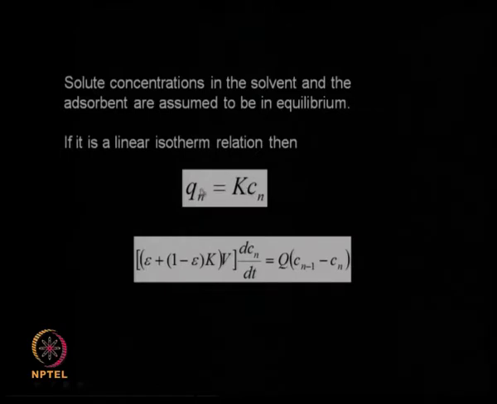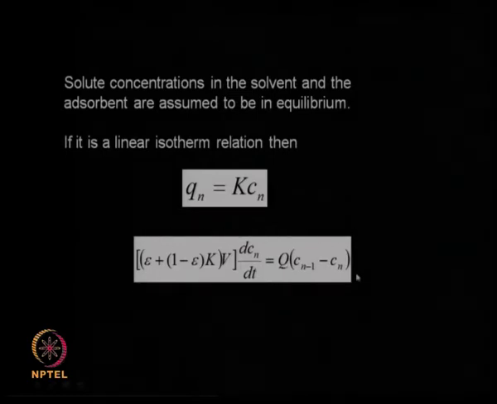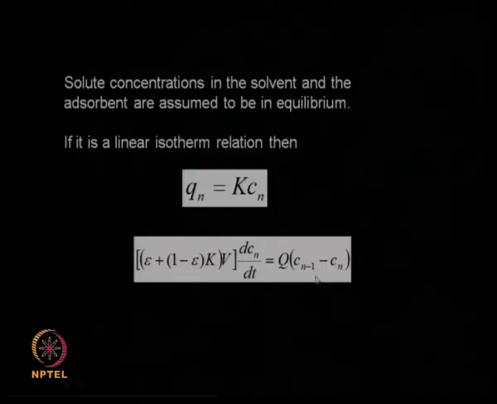So, by putting in the value for Qn like this, we can rearrange the equation to get a differential equation like this. So, Q into Cn minus 1 is the amount of solute entering stage n, Q into Cn is the amount of solute leaving stage n. This is equal to a big number here times dCn by dt.